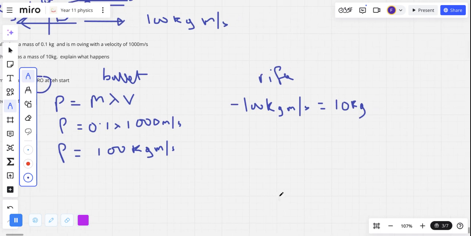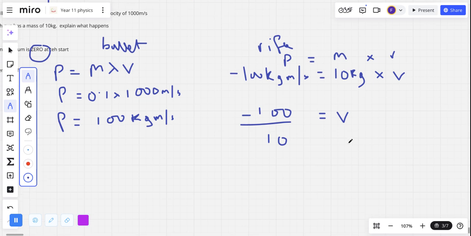But we don't know its velocity. We also know, from the formula momentum equals mass times velocity, I can work out its velocity by rearranging this to minus 100 divided by 10, and that'll give me the velocity.